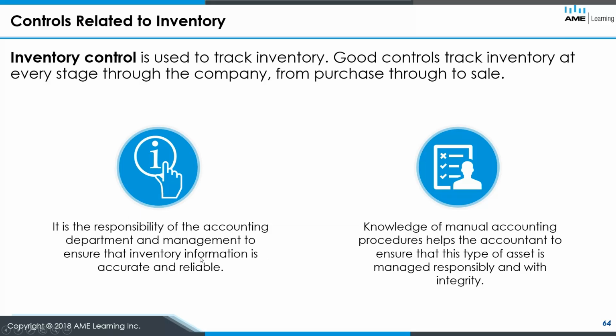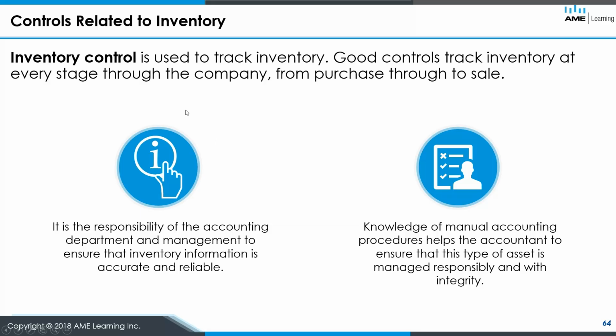And again, as I mentioned in previous discussions about internal controls, it involves the whole company. So the warehouse team and others in that capacity are going to be charged with maintaining these internal controls.